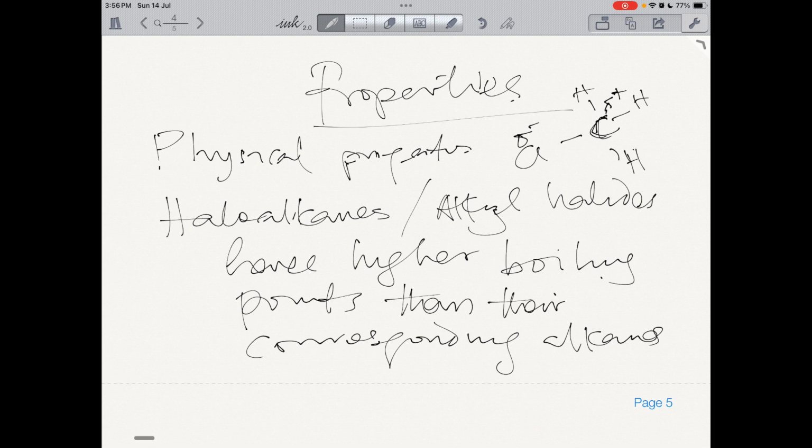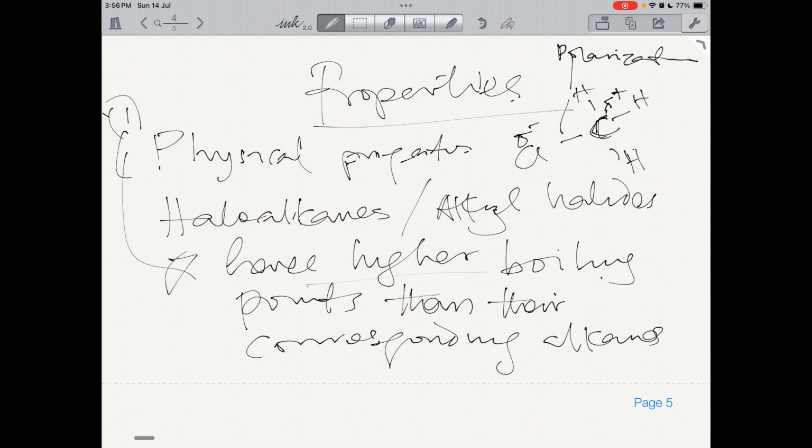This means the attraction between the molecules will be stronger than when there is no such polarization. Hence, a higher boiling point. That's the first physical property.